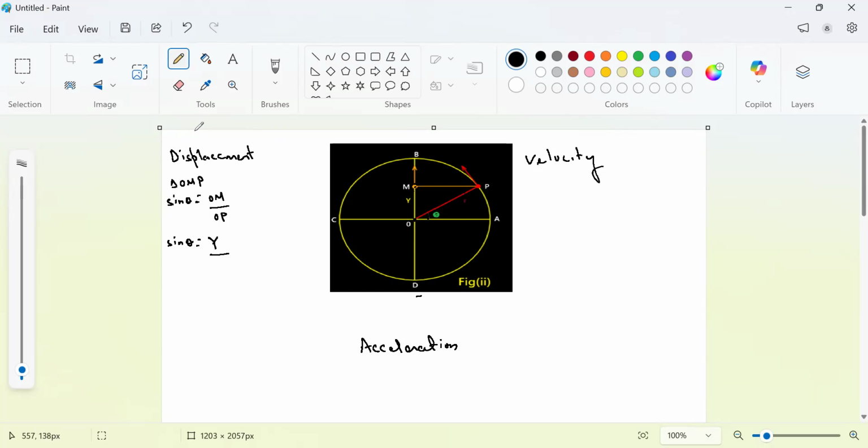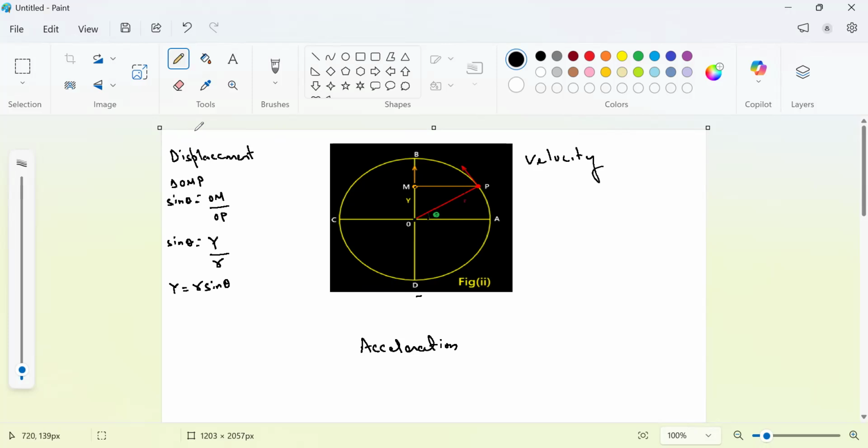And then OP is equal to the radius of the circular path traveled by this point P. So this equals R. So finally, what we can write down is y equals R sine theta, and here theta is the angular displacement.